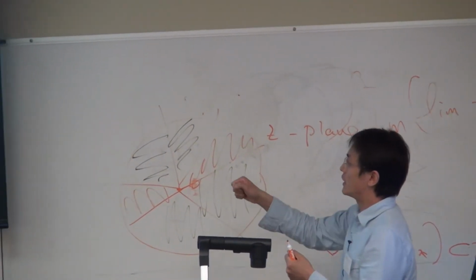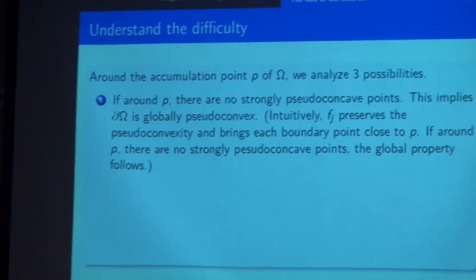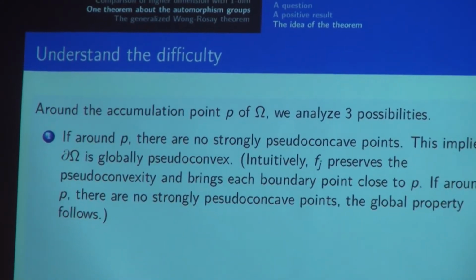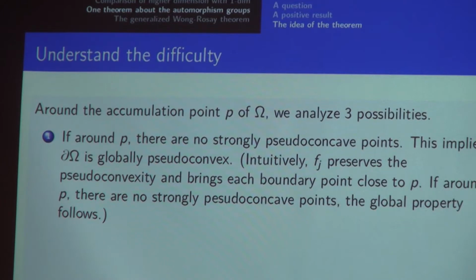But intuitively, since Fj maps a point far away to very close to your P, your accumulation point, and since this is a pseudo-convex piece, and Fj is going to bring a point far away to around 0 while preserving the pseudo-convexity, the far away point is going to be pseudo-convex. So this is not hard. This is intuitive, but if you want to write it in detail, we have to do some work, but not much.